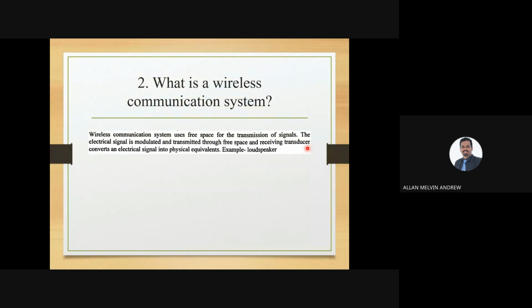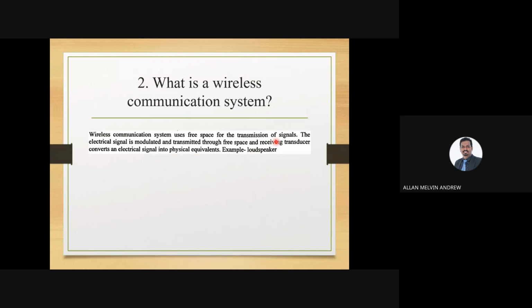The wireless communication system uses free space for the transmission of signal, so you must mention the free space. The electrical signal is modulated and transmitted through free space, and receiving transducers convert the electrical signal into a physical equivalent.